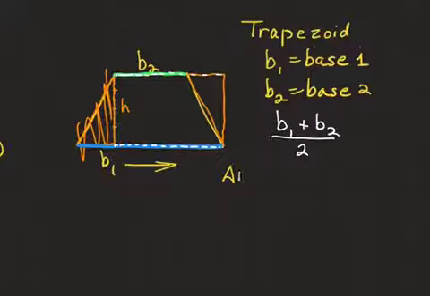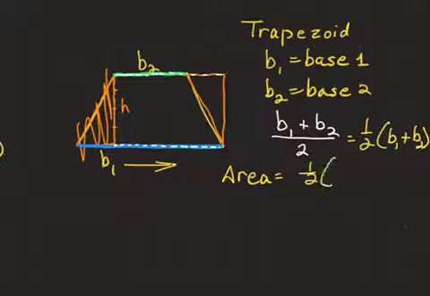So the area is going to equal 1/2, which is another way to write this, 1/2 times base 1 plus base 2. But to get the area, we still have to multiply by the height.